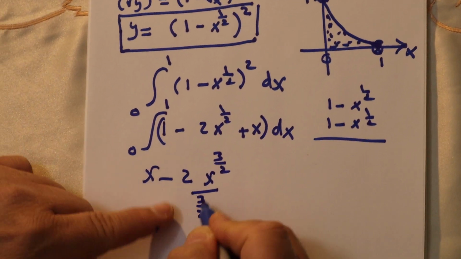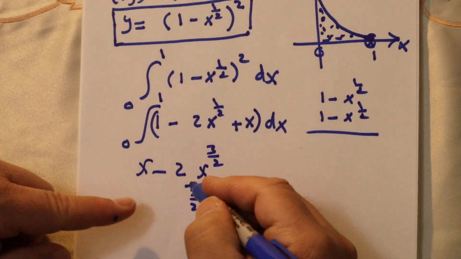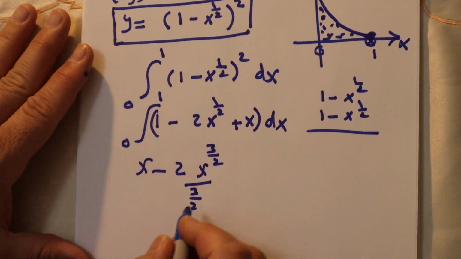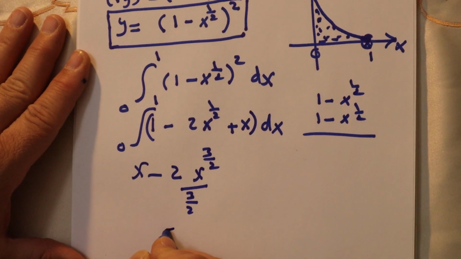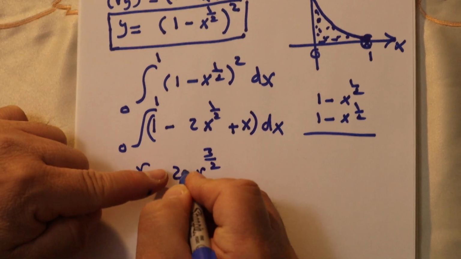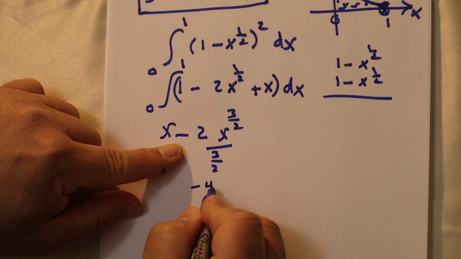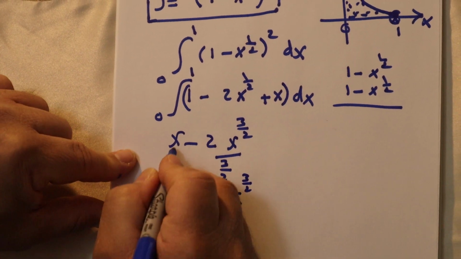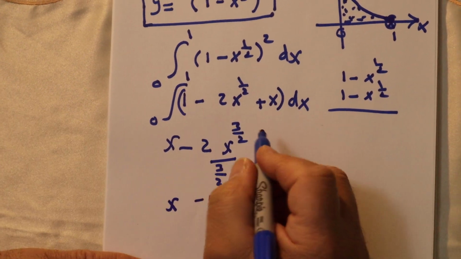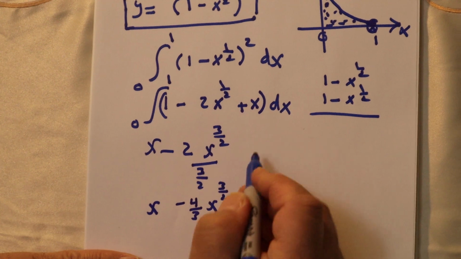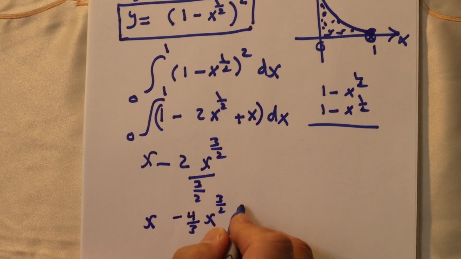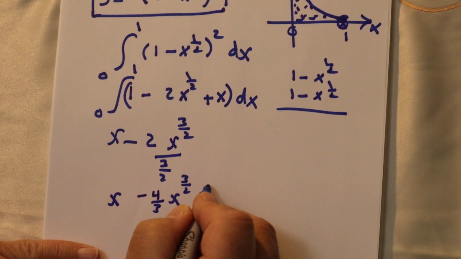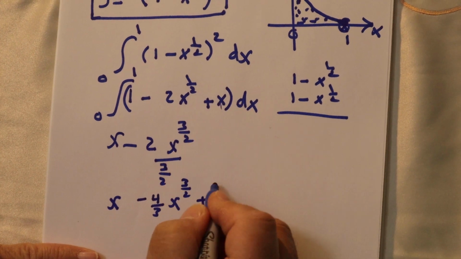When you divide by a fraction, you flip it to be 2 over 3. Then this will be negative 2 over 3 times 2, which is 4 over 3, x exponent 3 over 2. And now the integral of x is easy: x squared over 2.